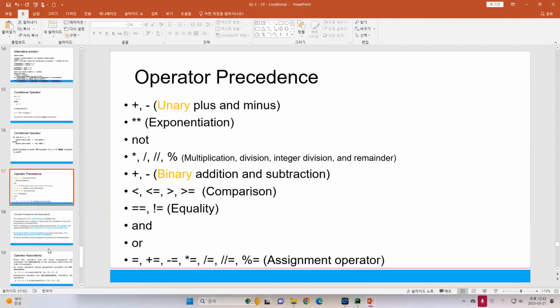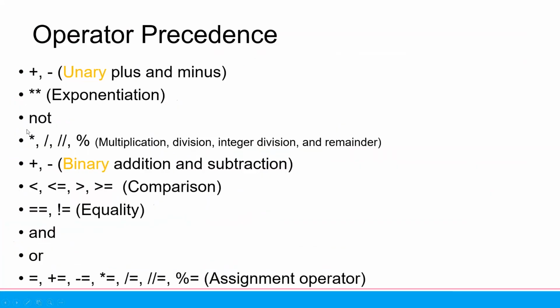And what you need to know here is the operator precedence. I think you already learned before when we have the mathematical operators, the multiply, division, integer division, remainder will be higher than the plus and minus. There is another symbol, unary. It means the plus and minus for the negative or positive number.